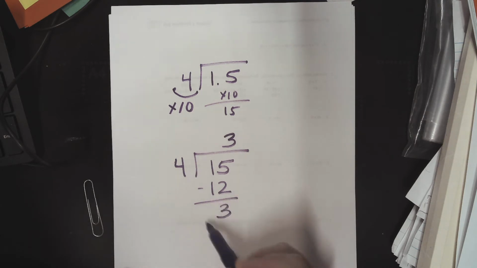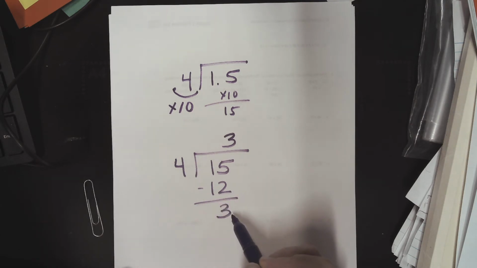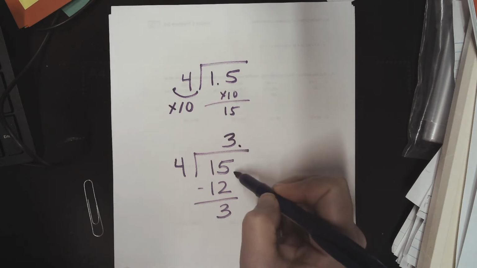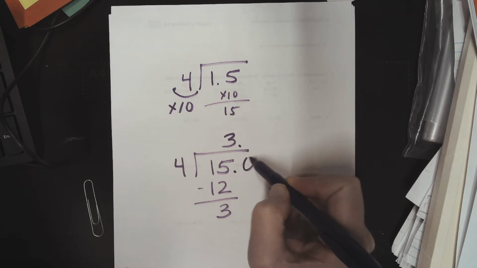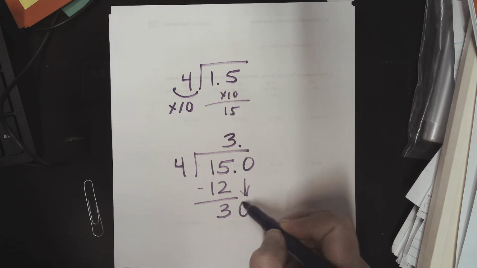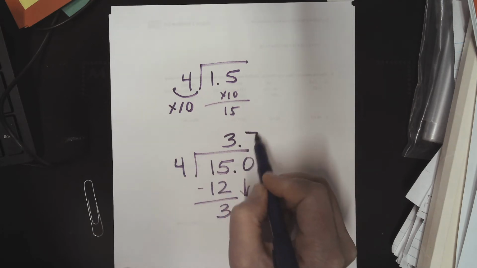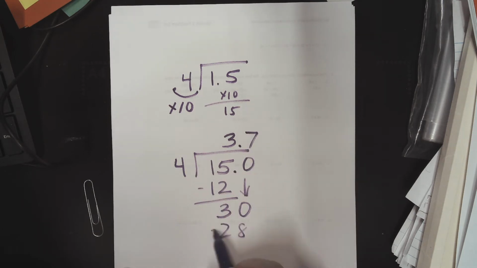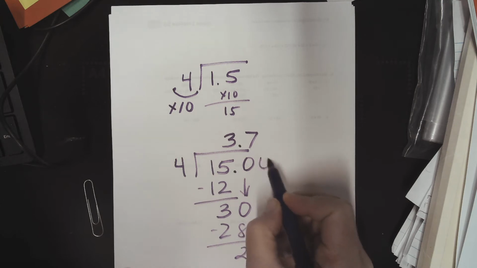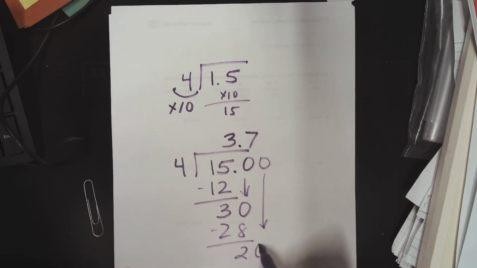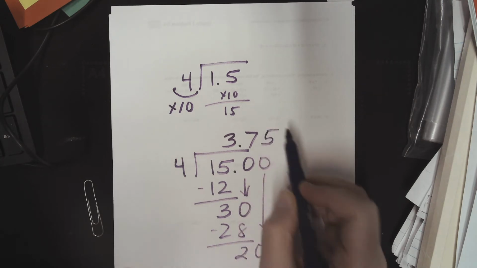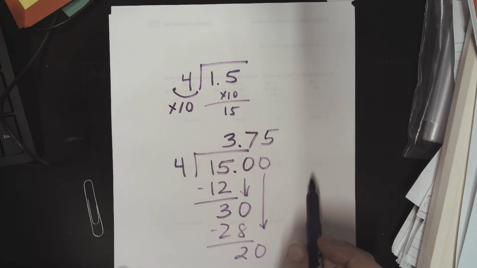Now it's the same thing as I've been doing, right? I need to add a decimal place and a 0. 4 goes into 30 7 times. Another 0. And 5. And my answer is 3.75.